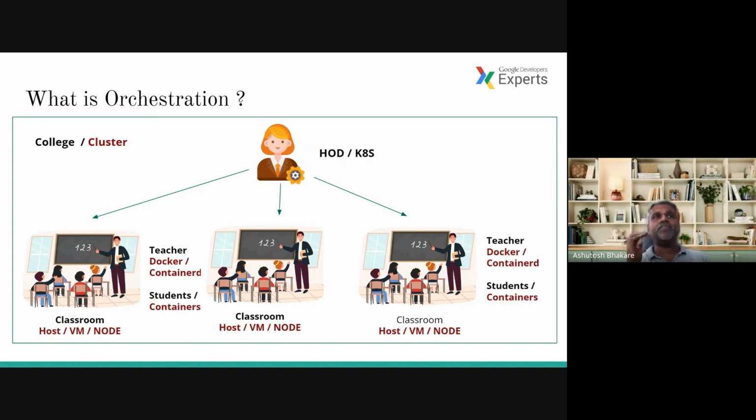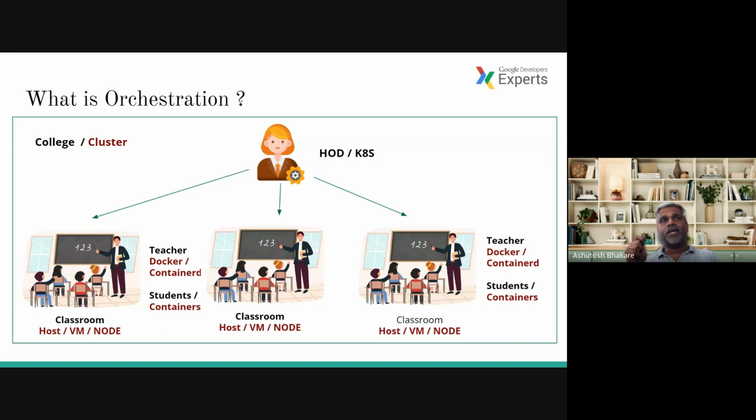So we have a classroom, which can be an instance, my VM, my cloud VM, the host, my bare metal machine, whatever. That's a classroom. Students are nothing but the containers.